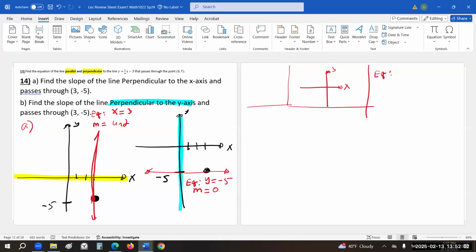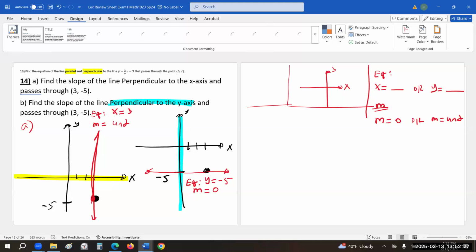I'll tell you whether the equation is x equals some number or y equals some number. And then your slope. For slope, either your slope will be 0 or your slope will be undefined.